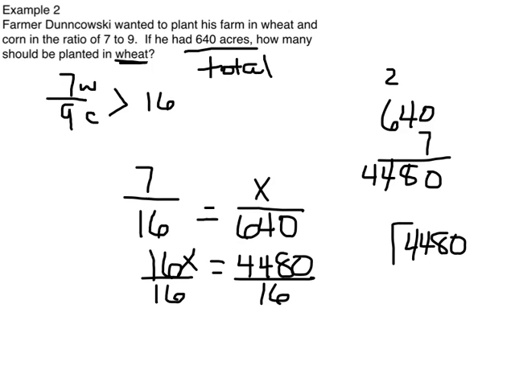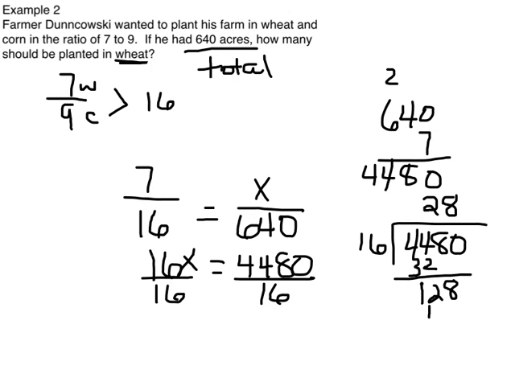4,480 divided by 16. Let's see, 16 will go twice. That's 32. And that would be 1, 2, bring down the 8. Let's see, 4 times 16 is 64, so 8.